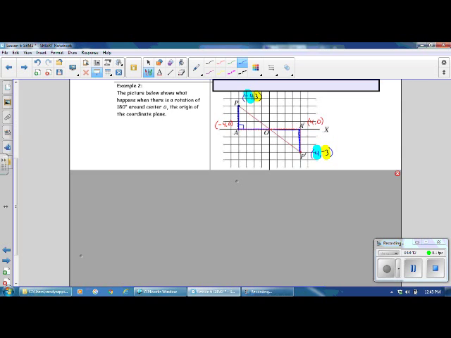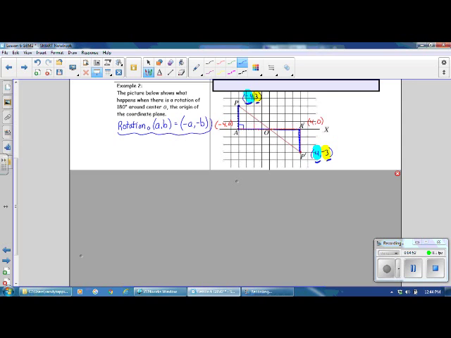So summarizing what we've learned from this example, we see that when there is a rotation around the origin of 180 degrees, the point (a, b) becomes the opposite of a and the opposite of b, as shown here, where a was negative and the rotated point is the opposite, which is positive, and b, which was positive, became negative.